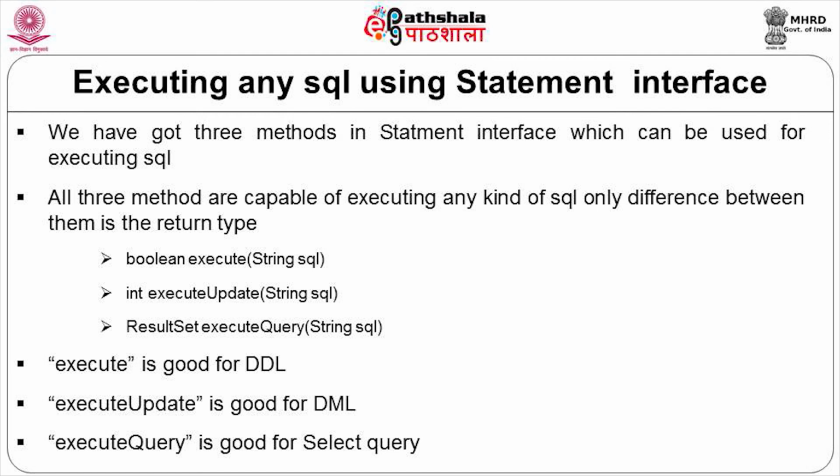Once you have a Statement object, we can use it to execute any kind of SQL. For executing any SQL, there are three commonly used methods. All three are capable of executing any kind of SQL. The only difference between them is the return type.